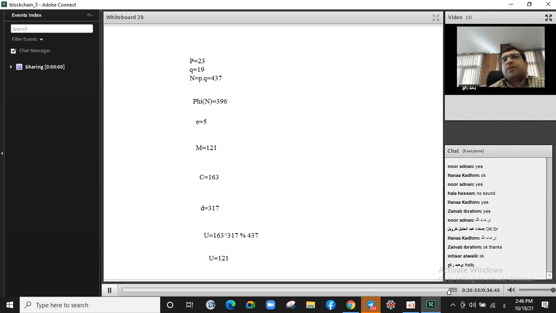Also, there are different online calculators for the RSA algorithm. You can simply search for RSA online calculator. There are many online calculators where you can generate public and private keys, and use those keys to encrypt, decrypt, and create digital signatures.